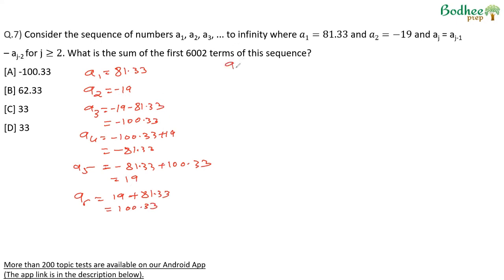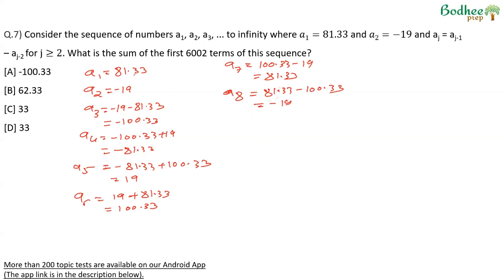A7 will be A6 minus A5, which will be 100.33 minus 19, which comes to 81.33, which is the same as A1. A8 will be A7 minus A6, which is 81.33 minus 100.33, which is nothing but minus 19, the same as A2.